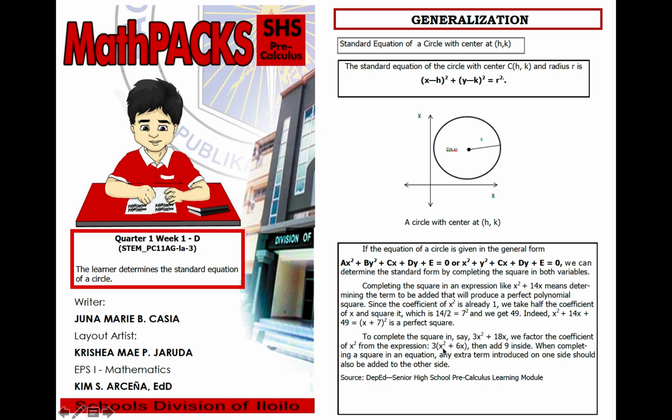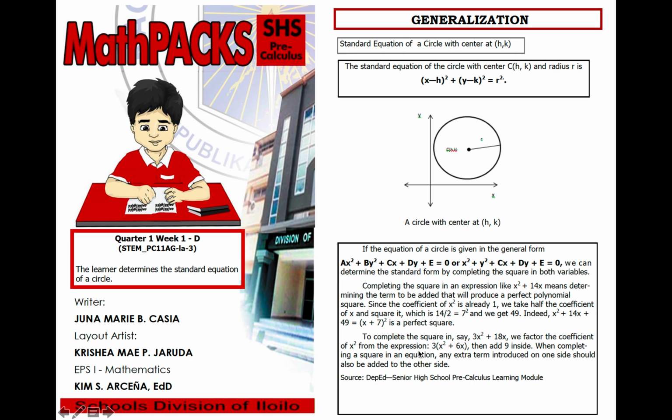So 3 times quantity x squared plus 6x. Then add 9 inside because 6 divided by 2 is 3, and 3 squared would give you 9. When completing the square in an equation, any extra term introduced on one side should also be added to the other side. So the completed square for this would be 3 times quantity x squared plus 6x plus 9.